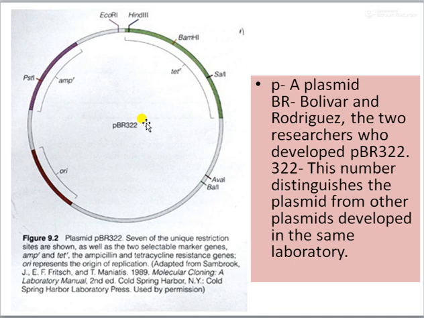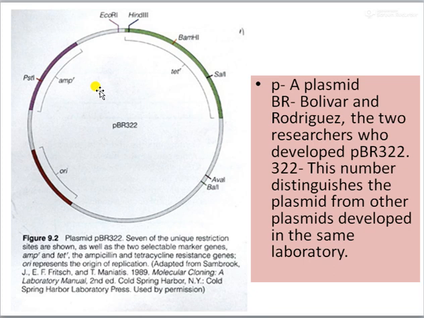Now when we need a vector for genetic engineering, we need to synthesize a vector according to our own interest. You can synthesize it in a laboratory, based upon our own needs.